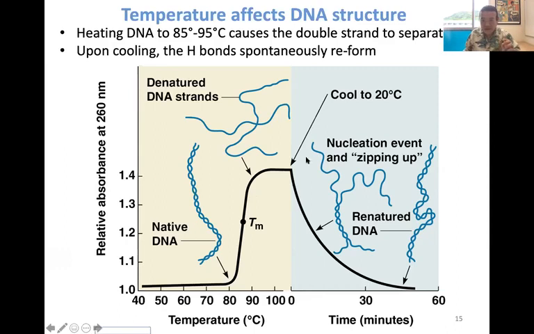Importantly, though, if you then cool the DNA down and allow those atoms to mellow out and slow down in their vibration, the two sides of the DNA ladder will come back together again because of that complementary base pairing, the A's across from the T's, the C's across from the G's. And so you can then renature the DNA.